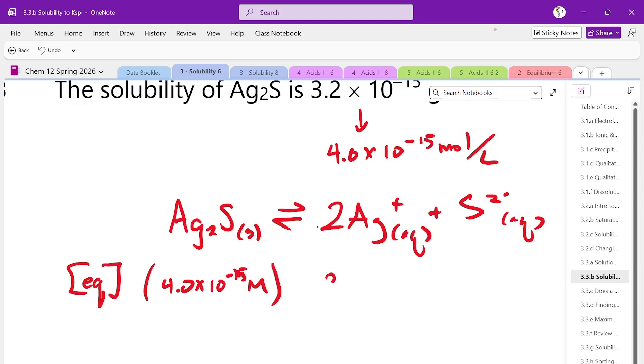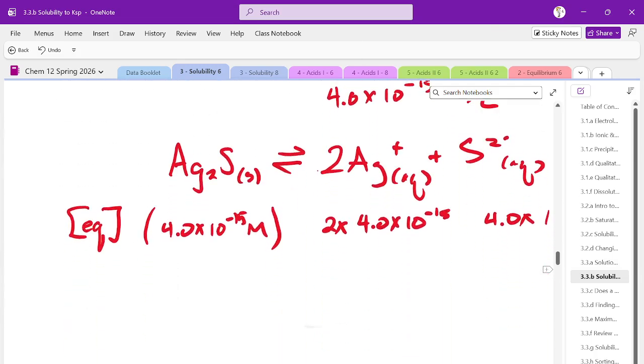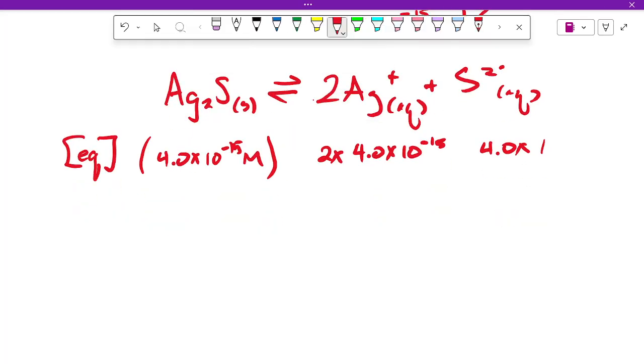And this would be 2 times 4.0 times 10 to the negative 15. And this would be 4.0 times 10 to the minus 15.